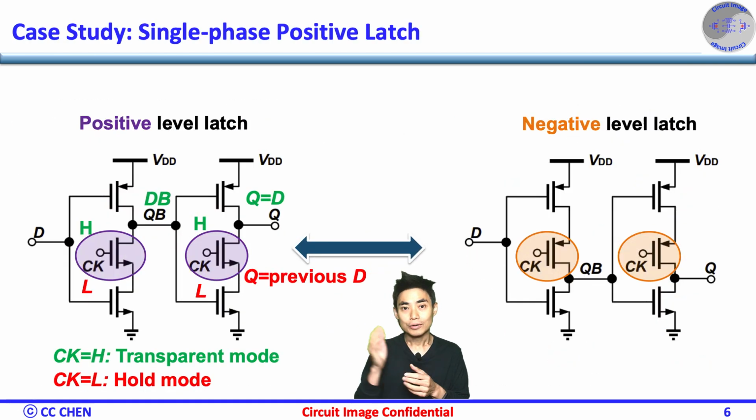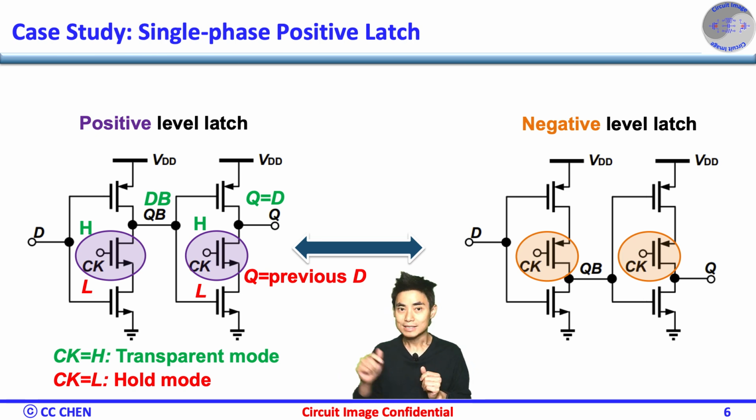Great. For a positive level latch, the CK must tie to an NMOS to be transparent high. As you can see, when the CK is high, the latch becomes two cascaded inverters, and the output equals the input in this transparent mode.